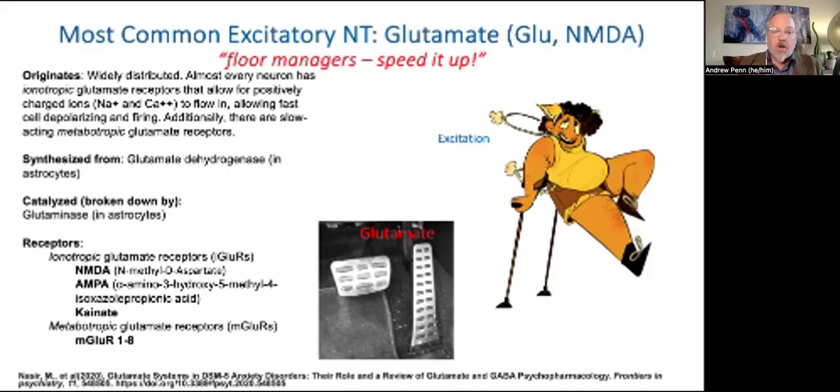But those are slower acting kinds of receptors. So the ionotropic glutamate receptors would be things like NMDA or AMPA or the kainate receptor. And then there are 8 different types of what are sometimes referred to as mGlu, which means metabotropic glutamate receptors. Those are those slow acting ones.